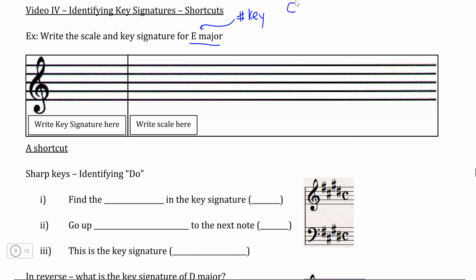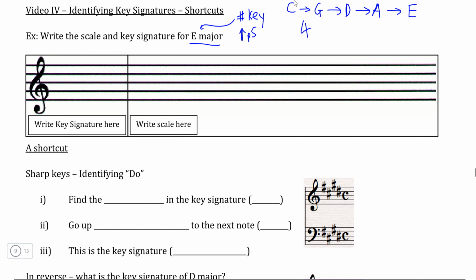If we start from our home key C major with no sharps and no flats, we know that if we're dealing with a sharp key, we need to go up a perfect fifth from C until we finally get to E. So if we count up perfect fifths, C, D, E, F, G is one perfect fifth, G, A, B, C, D is 2, D, E, F, G, A is 3, and A, B, C, D, E is 4.